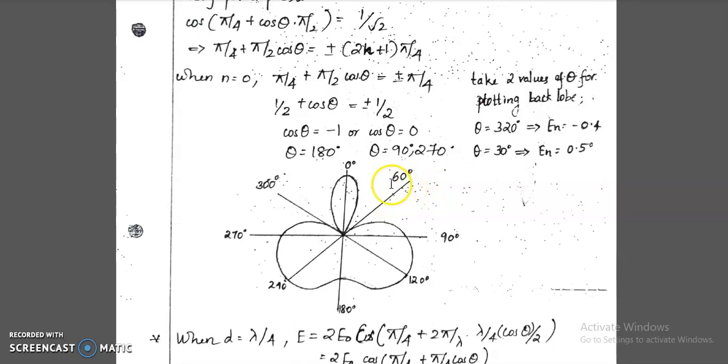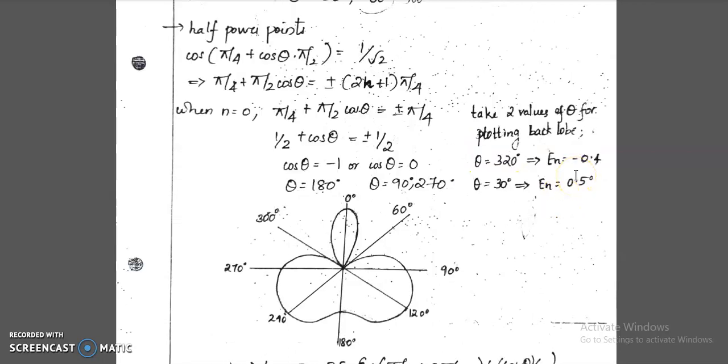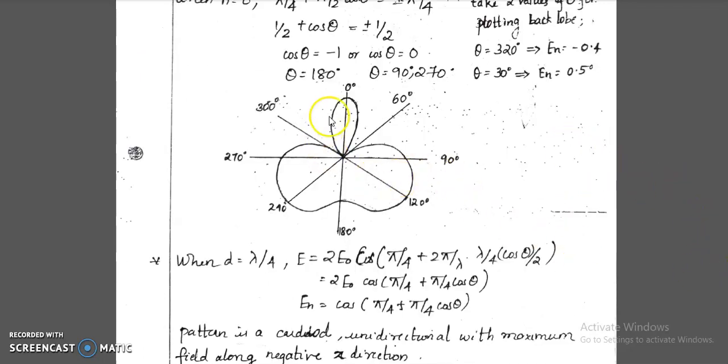That is, we want to consider the angle in between minus 60 and plus 60. Here we consider two values, that is theta is equal to 320 degrees and theta is equal to 30. On substituting that into the normalized electric field, you will get the values 0.4 and 0.5 respectively. Then you can complete this figure, and this is the back lobe. And this structure is termed a cardioid structure.